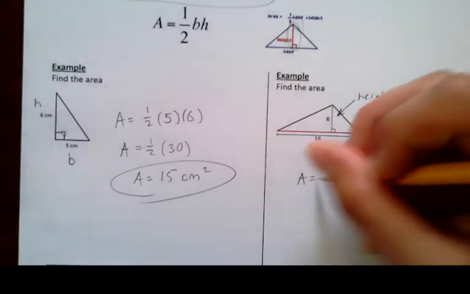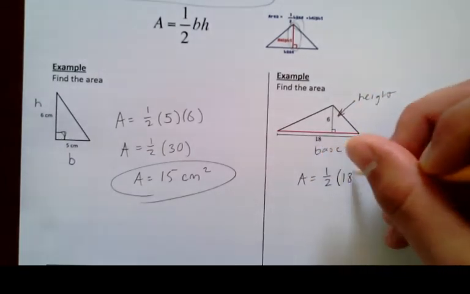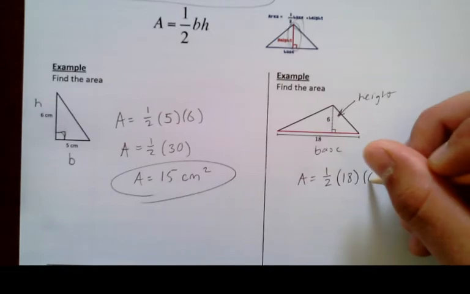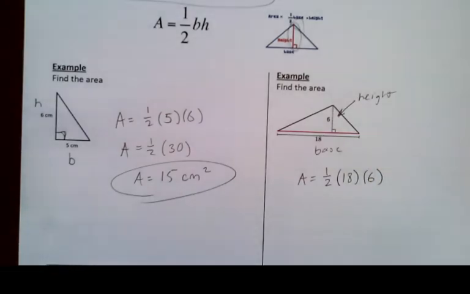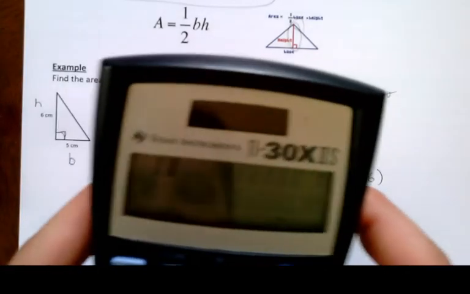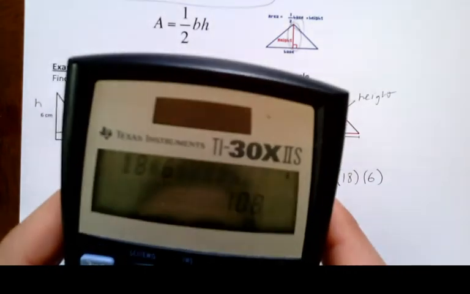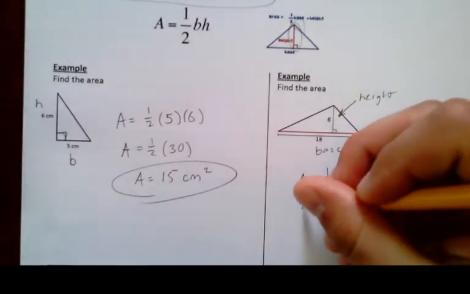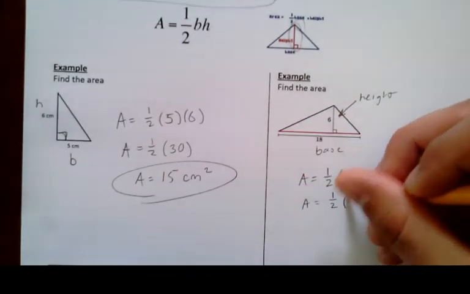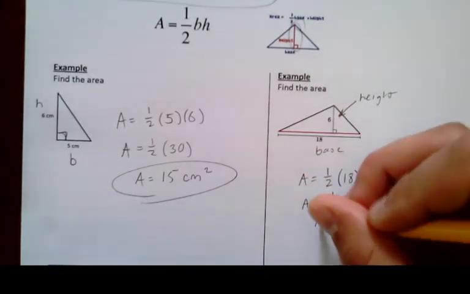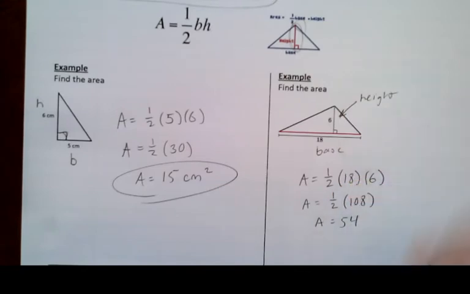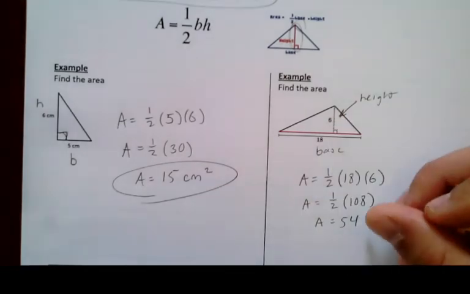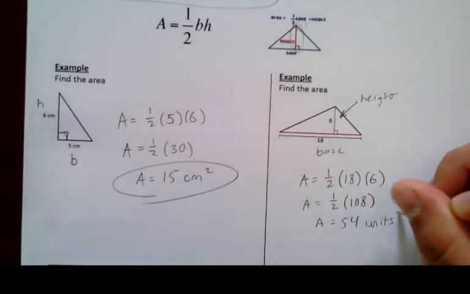So I have area equals 1/2, the base is 18, and the height would be 6. Feel free to use a calculator, right? I'm going to do 18 times 6 first. You can plug it all in at once. That's going to give me 108. So area is equal to 1/2 times 108. And if I multiply that, I get 54. And this one doesn't have units, so I'm going to write units squared.